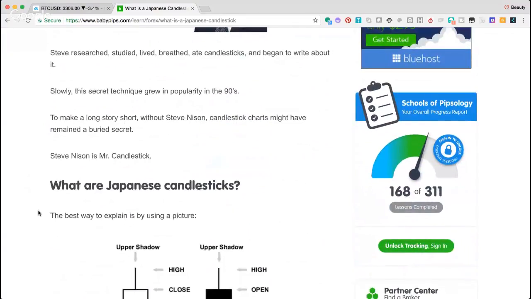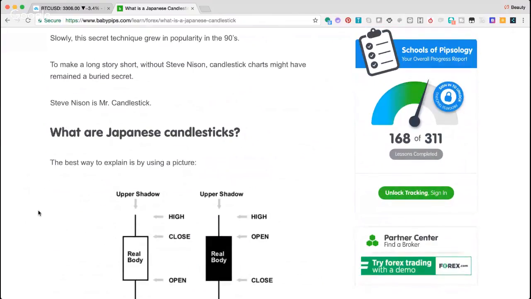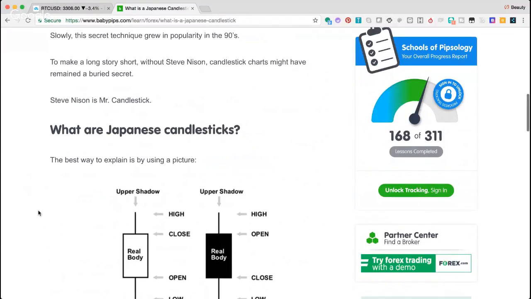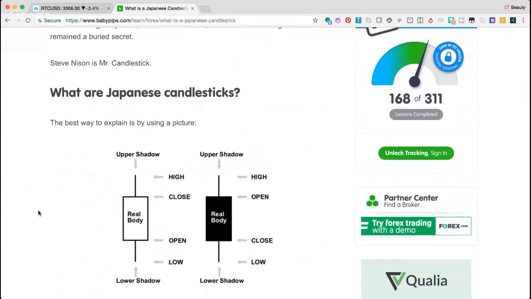Steve researched, studied, lived, breathed, ate candlesticks, and began to write about it. Slowly, this secret technique grew in popularity in the 1990s. To make a long story short, without Steve Nison, candlestick charts might have remained a buried secret. That's why we kind of prize his work. Steve Nison is Mr. Candlestick.